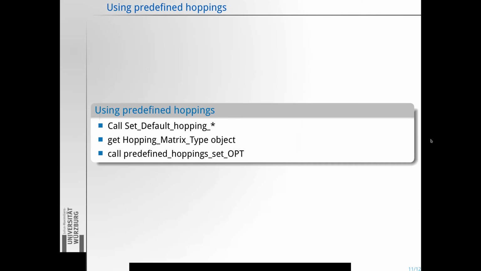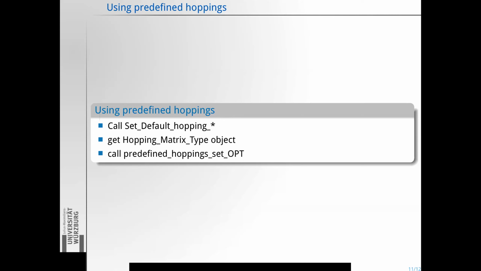Using the predefined structures is a three-step process basically. First, you have to call something like set default hopping. With a star, I have denoted here that we have various predefined default hoppings available. You have to choose the right one for your problem.